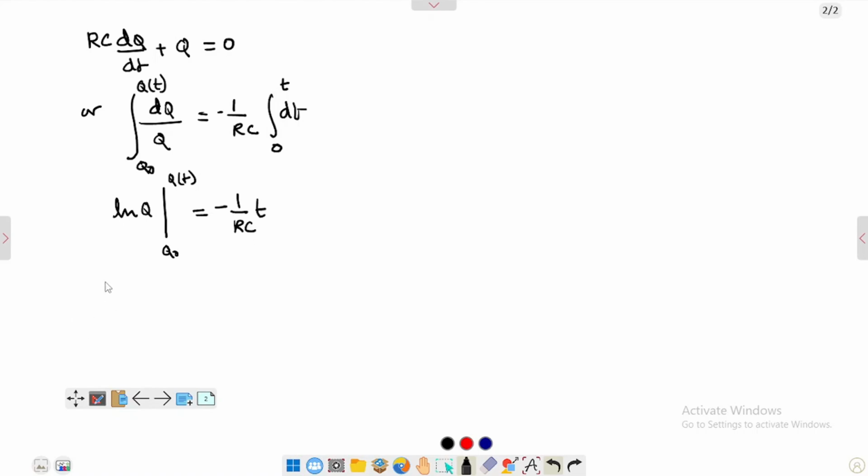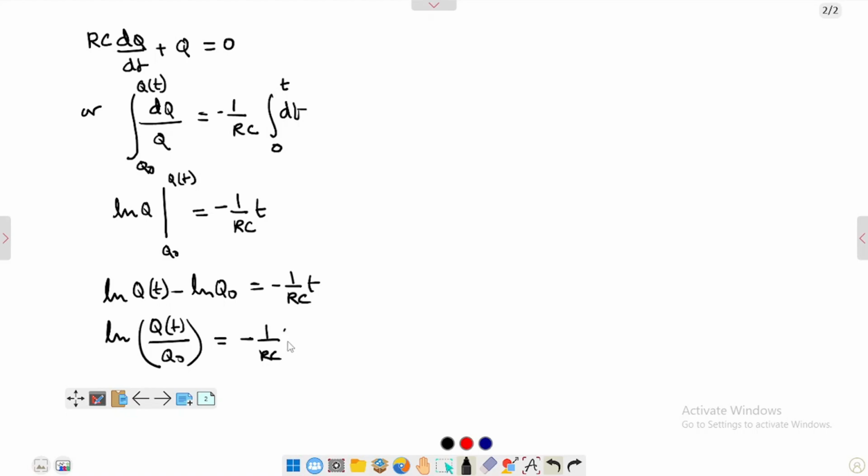So if I plug in the upper limit and lower limit, I get this equation: ln of q(t) by Q naught is equal to minus t by RC. Or I can write q(t) by Q naught is equal to e to the power minus t by RC, since the e comes over here.